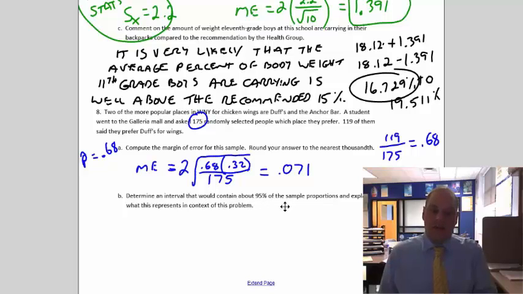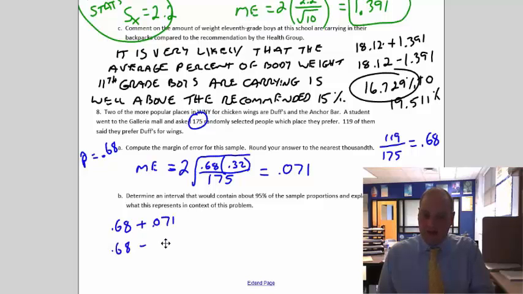Determine an interval that would contain 95% of the sample proportions and explain what it means. All right, so let's get our interval. 0.68 plus 0.071, 0.68 minus 0.071. And that's going to be 0.751, and that's going to be 0.609.